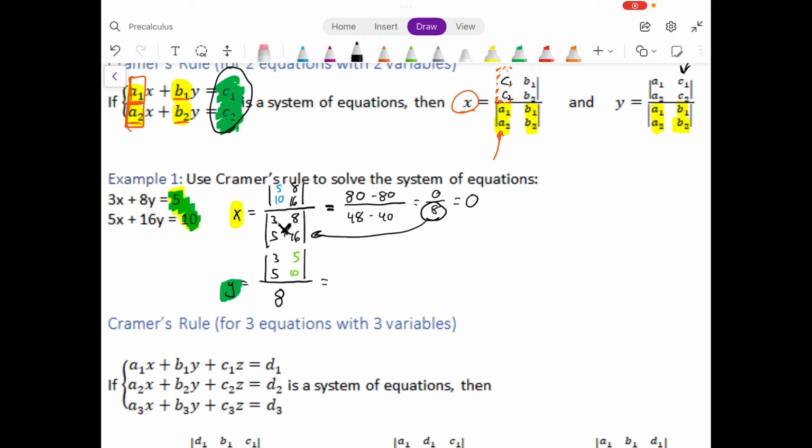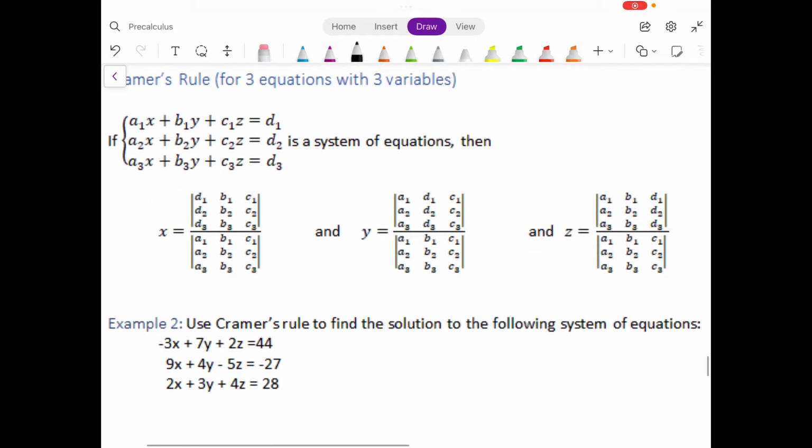And so this is going to be 30 minus 25 over 8. So it is 5/8. So our answer is 0, 5/8. And that's how you find a solution to two equations with two variables. If you want, you could go to your assignment now and work through solving the 2x2s using Cramer's rule.